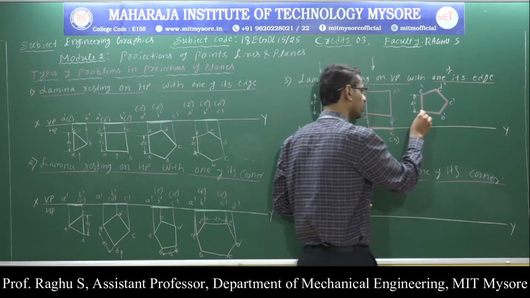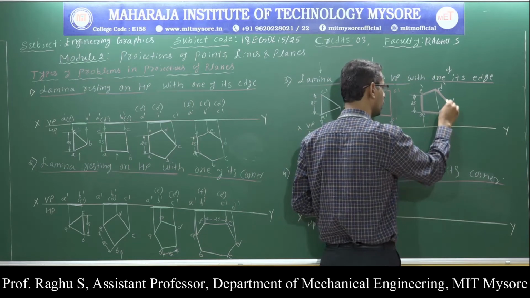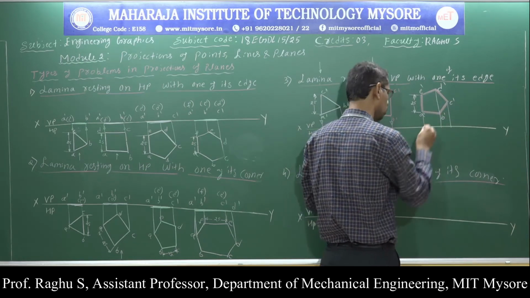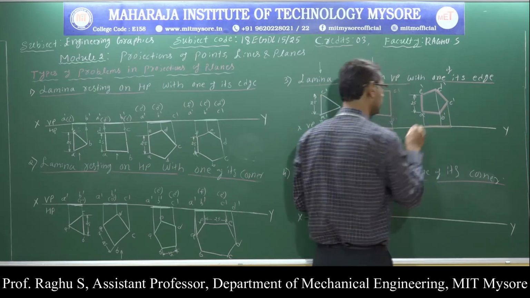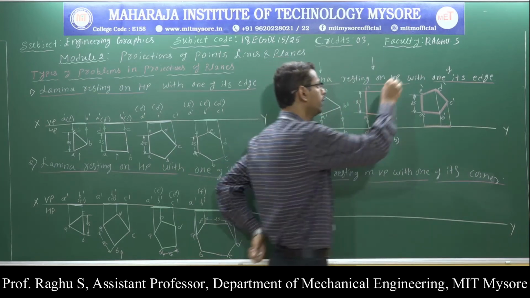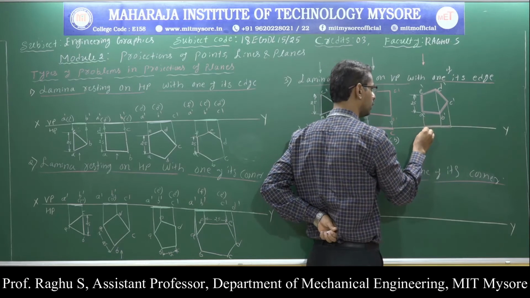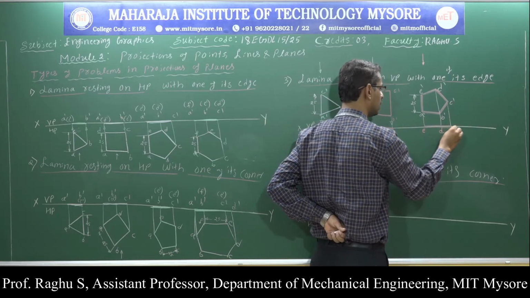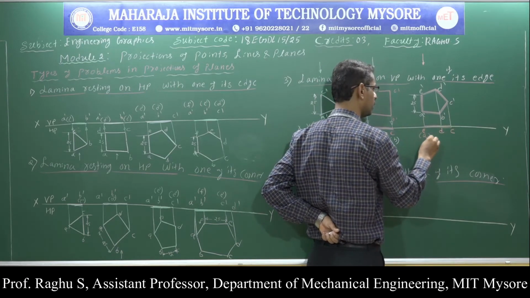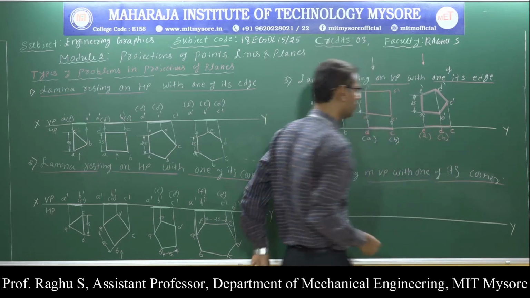Now draw downward projections from all the corners to get the top view. So this is the top view. In the top view, E visible, D visible, C visible. In the bracket, A invisible, B invisible.